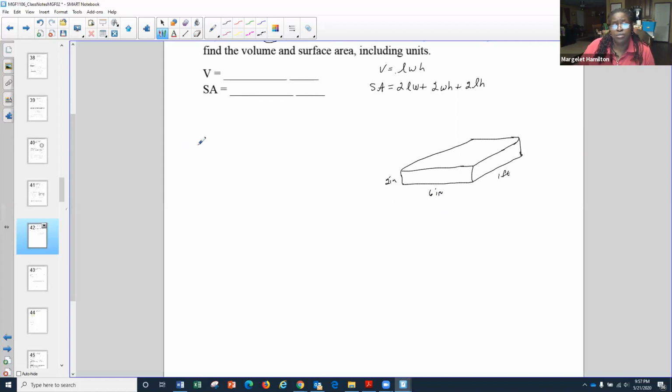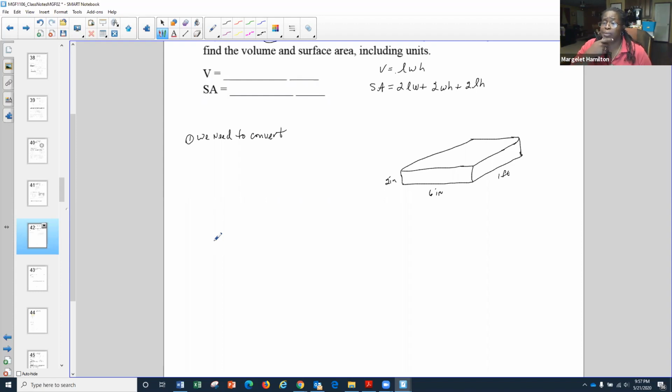So we know, step 1, we need to convert. Now, here we can convert from feet to inches or inches to feet. Since two of our dimensions are already in inches, it makes sense to convert the feet to inches, right? That's only one thing that we have to convert.